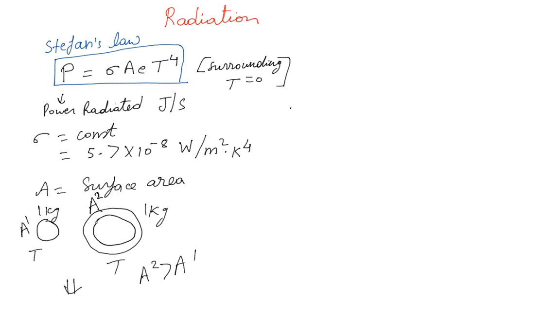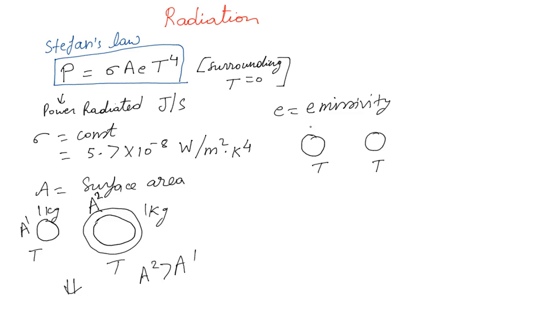What is E? E is called the emissivity. Now this is something that depends on the material used. So let's say you have iron balls which are the same in size, and they start from the same temperature.